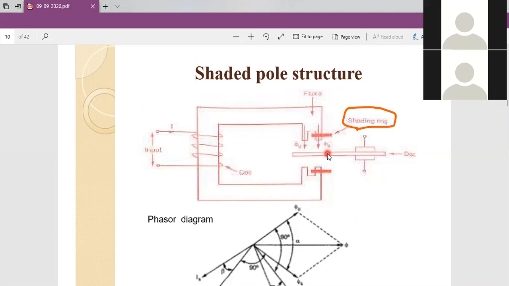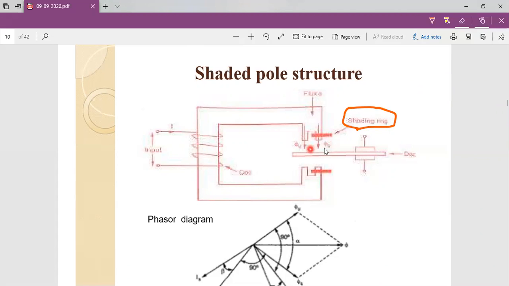One more thing: these two fluxes are not in the same phase, because of the Lenz law statement, we can say it confidently. Phi s is not in phase with phi u, because the copper band induced EMF opposes the change in cause.